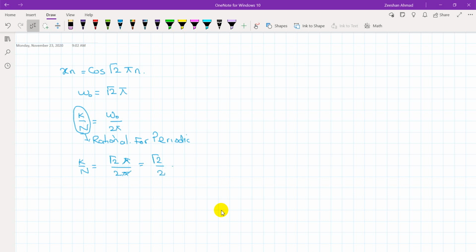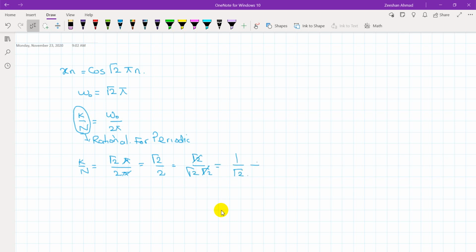If you further simplify it, this will give you a non-periodic or non-rational number. You can even check it: if you represent square root of 2 over 2 as square root of 2 over square root of 2 times square root of 2, this will cancel, and I can have 1 over square root of 2 here.